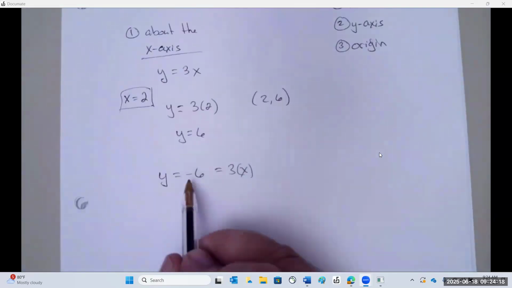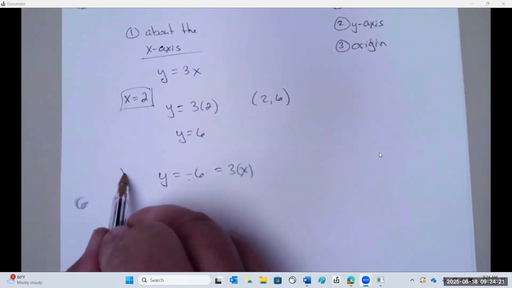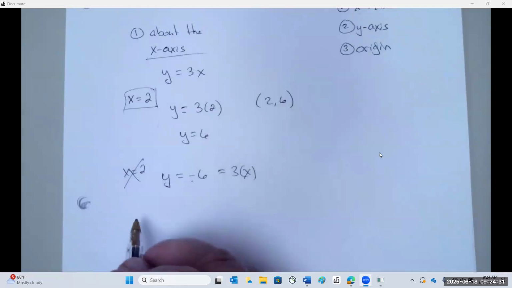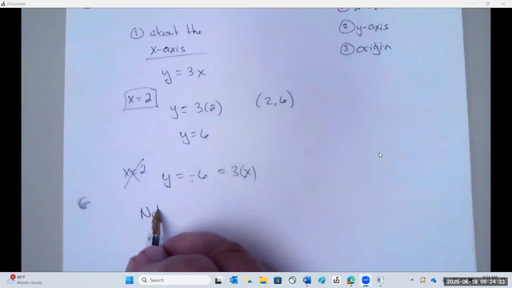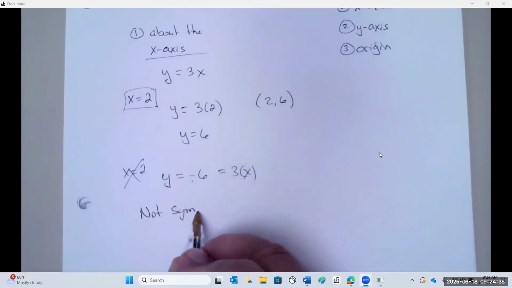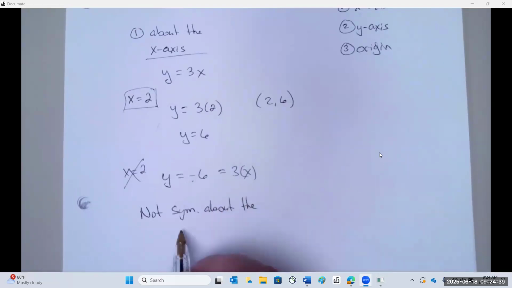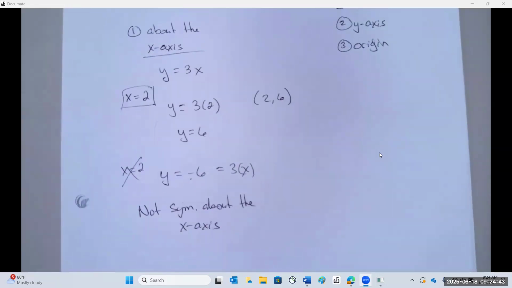Can I get a different y value? Can I get a -6 if I use the same x value? No. So it's not symmetric about the x-axis. Simply because this is not possible, not symmetric about the x-axis. Because there's no way I can make it happen.